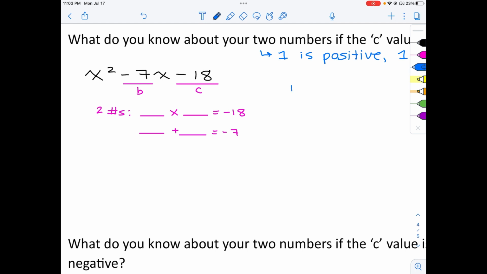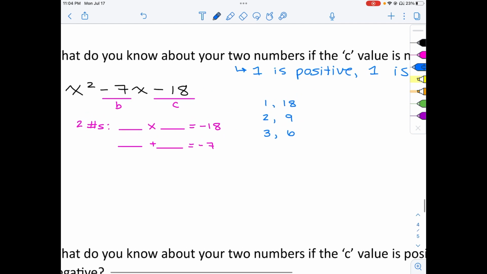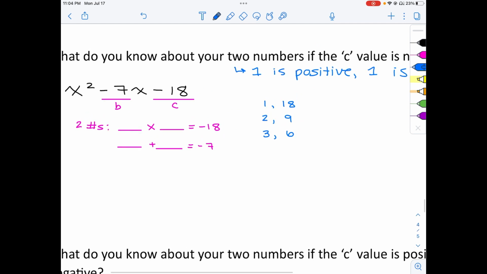Okay, so I would have 1 and 18, 2 and 9, 3 and 6. Okay, so those are my three options for the factors in general. But because my c value is negative, I know that one of my factors has to be negative and one is positive. Okay, so I could have negative 1 and 18 or 1 and negative 18.